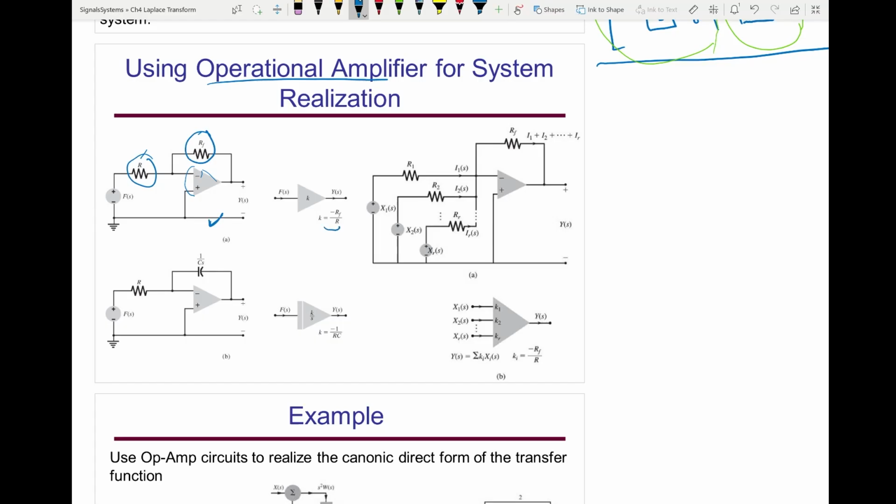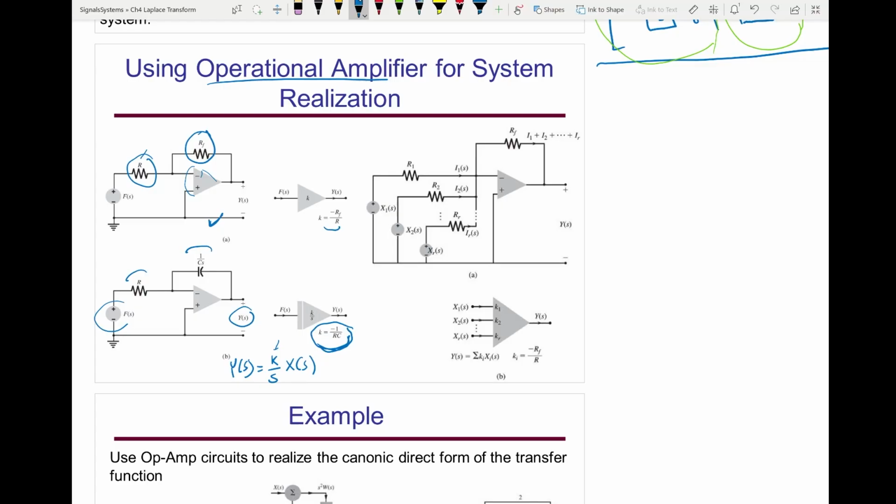So that will be minus RF over R. If I connect the op-amp with a capacitor here and resistor here, then the output will be related to the input by this equation. So the output will be Y of S equals K over S times X of S. That's an integrator, and K is a constant. I can choose the resistor and capacitor values to make it just -1.